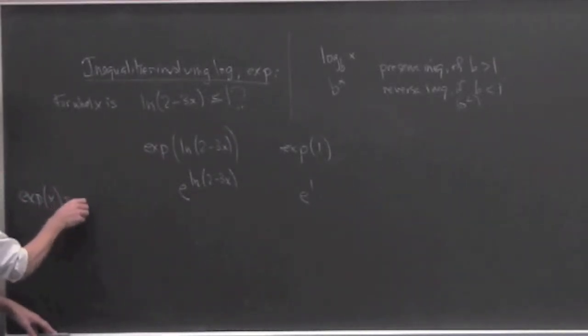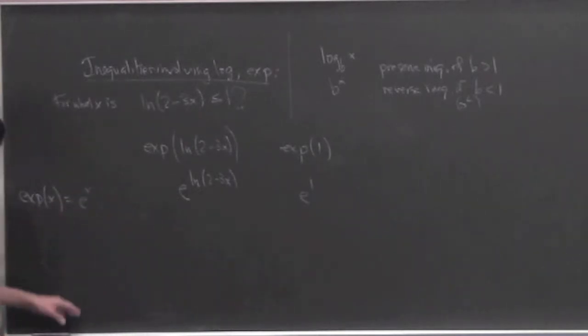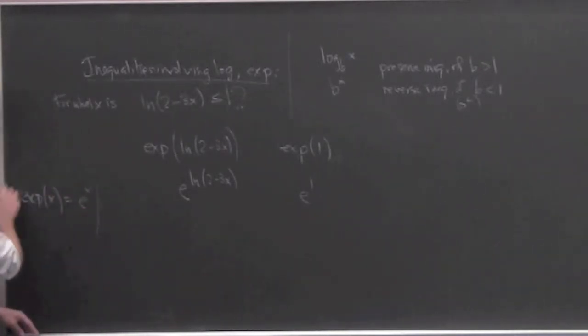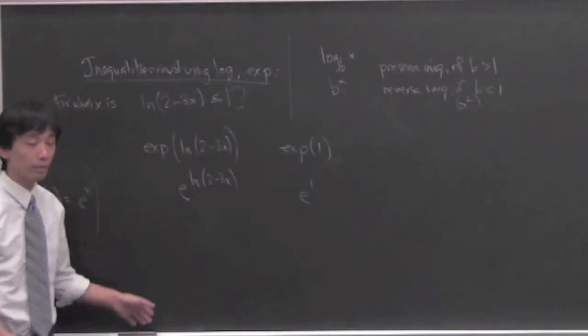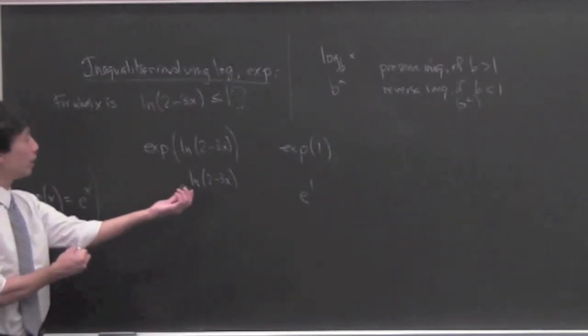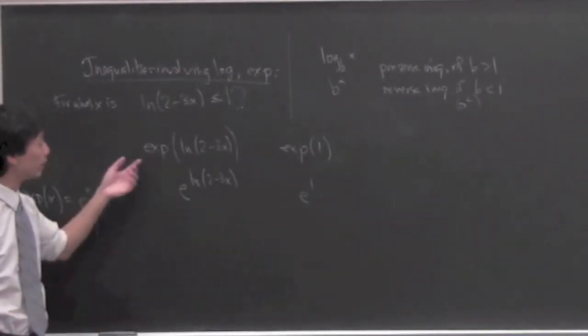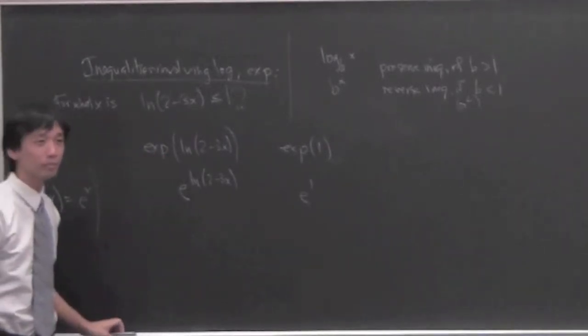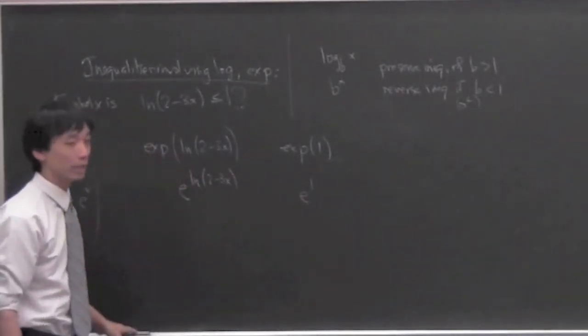When I write exp of x, I mean e to the x. Either way, but it's maybe easier to understand as a function. We take exp of both sides.